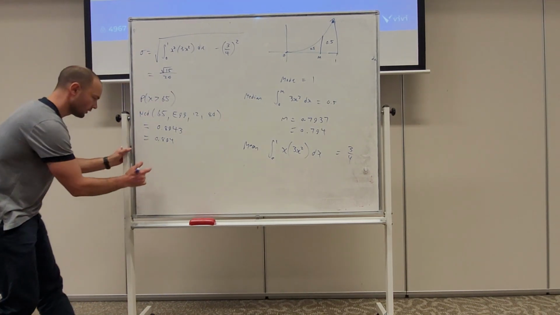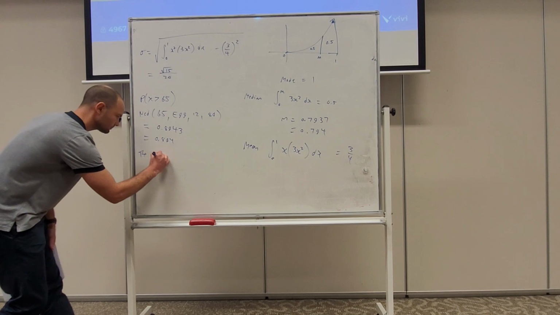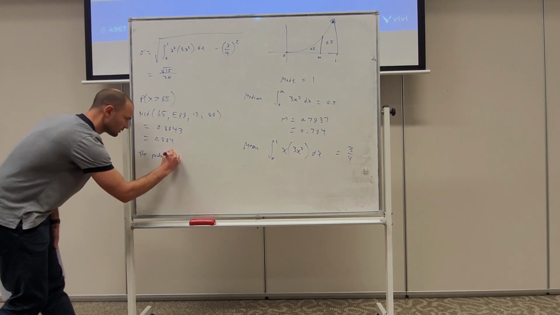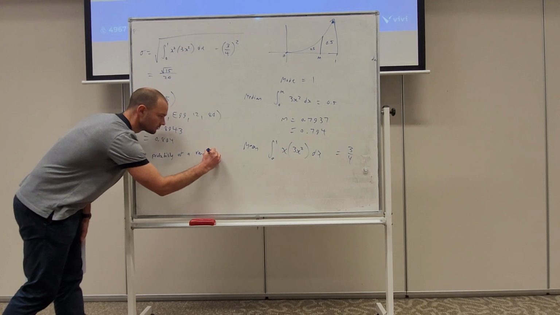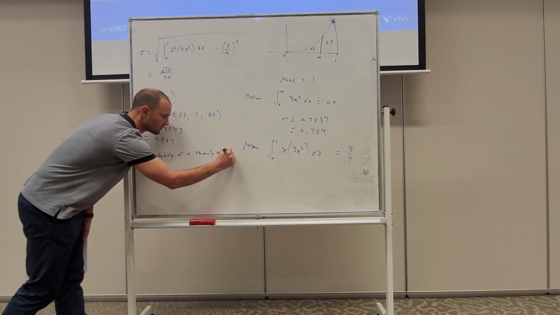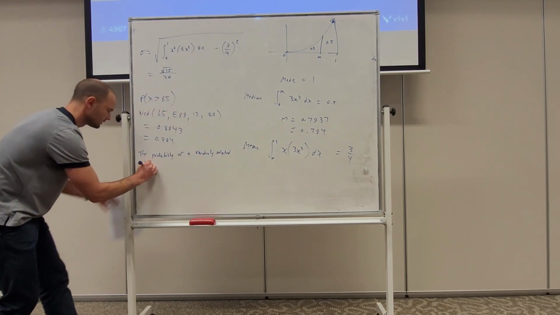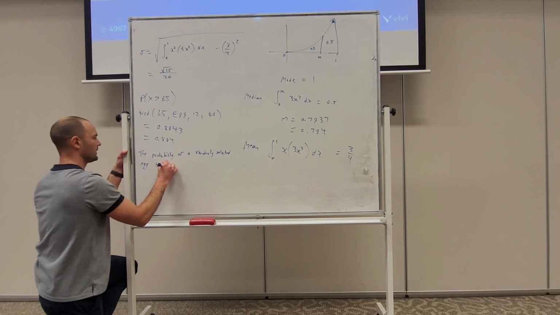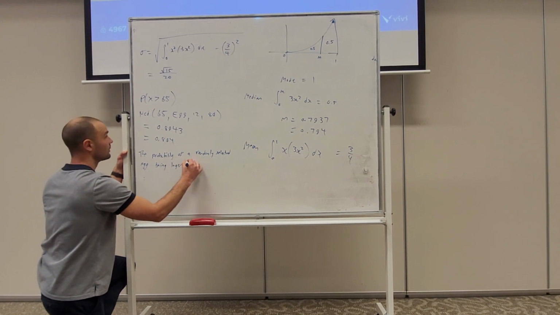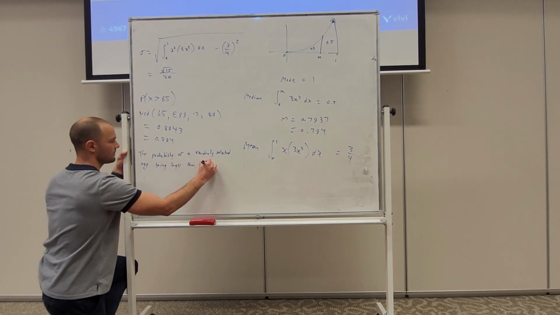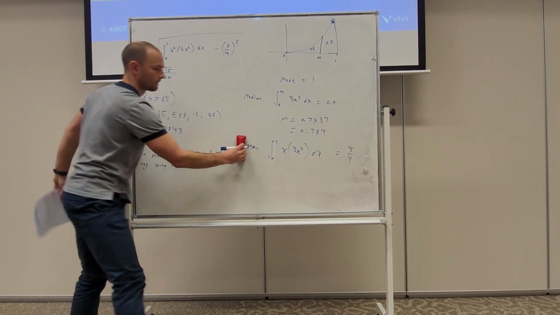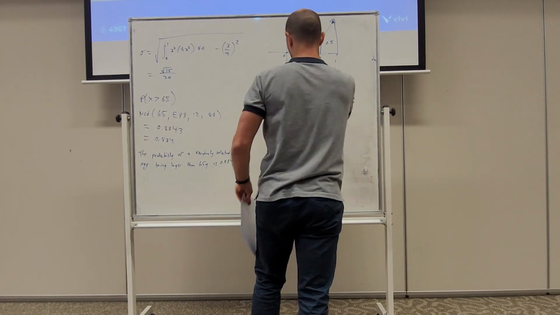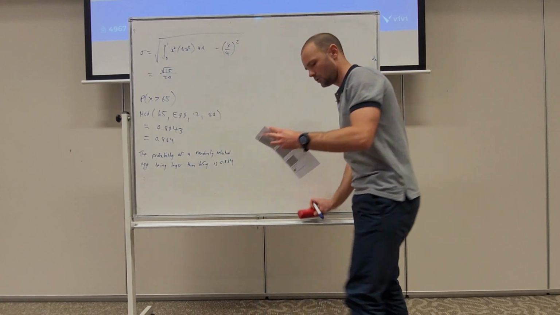So the probability of a randomly selected egg being larger than 65 grams is 0.894.